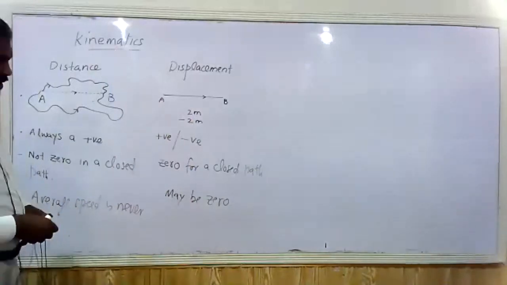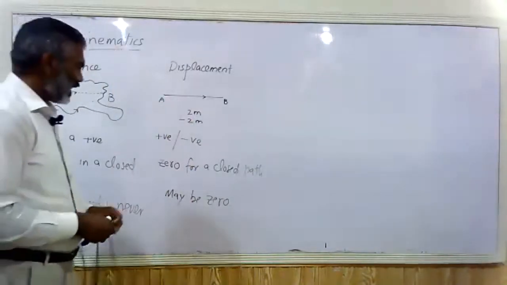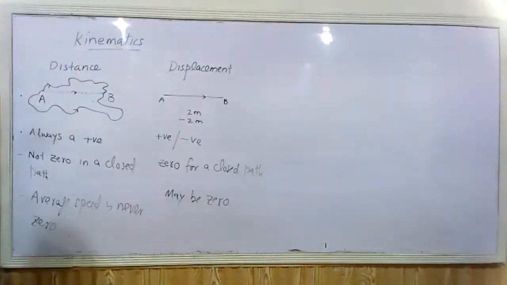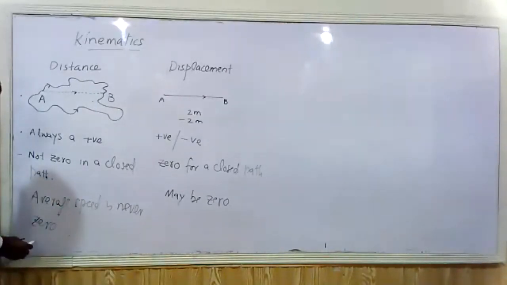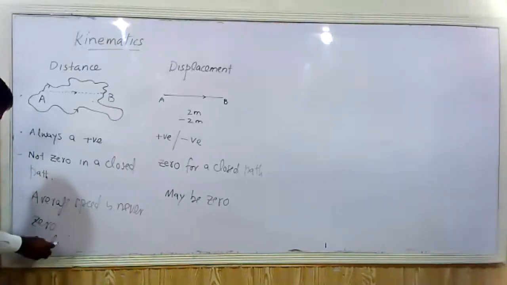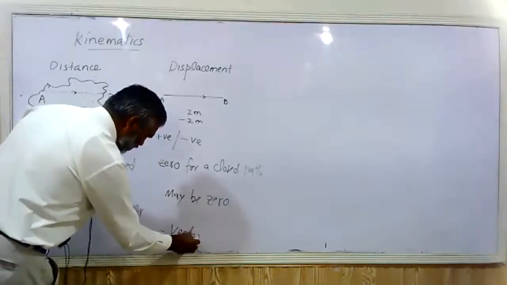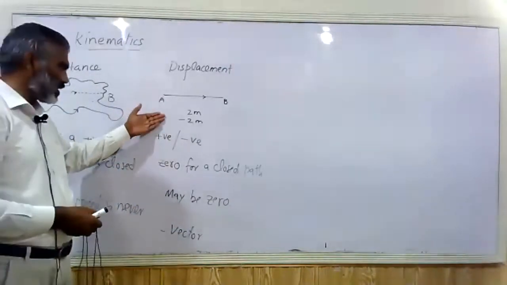The average velocity may be zero. Average displacement may be zero. This is obviously a scalar quantity. Distance, there is no direction associated, so scalar quantity. And this is a vector quantity because it has a sense of direction associated with it.